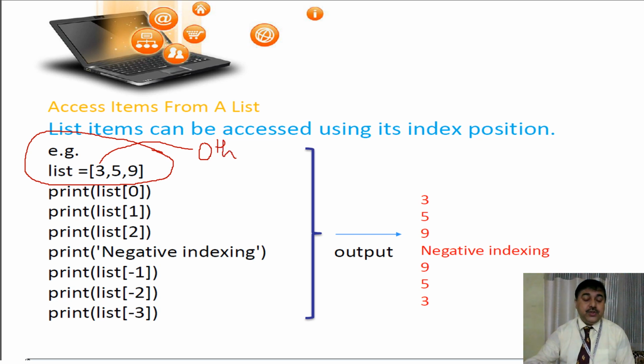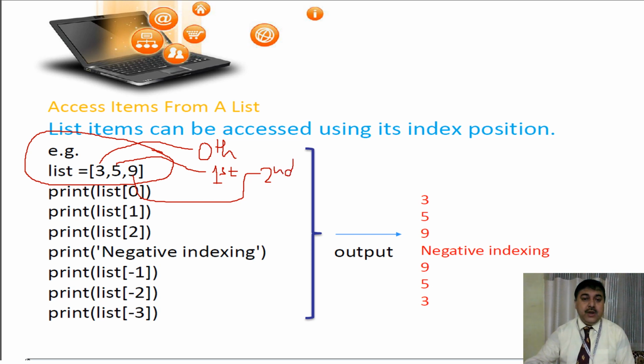Then this position is what? This particular position is the first position. And this one, that means 9, which position is this? This one is the second position.